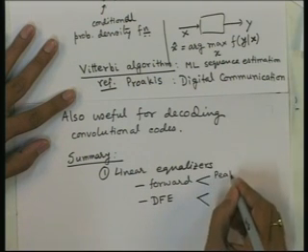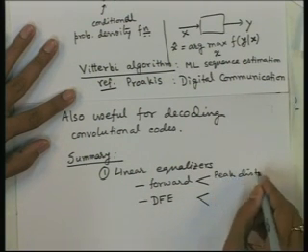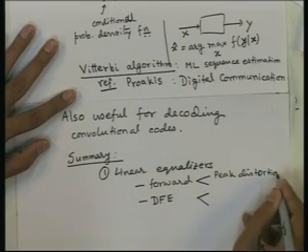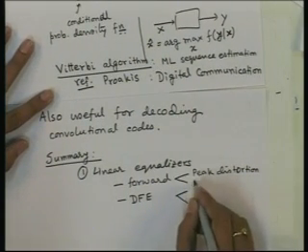One is the peak distortion criterion and the other is the MSE criterion.